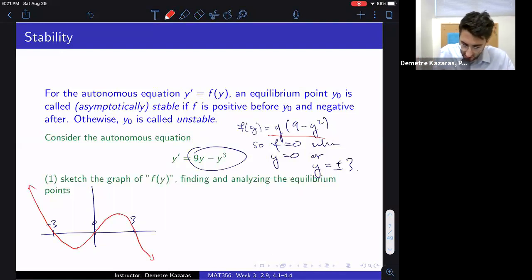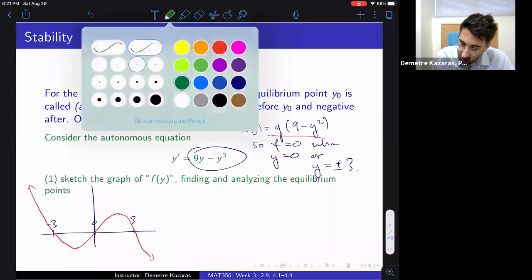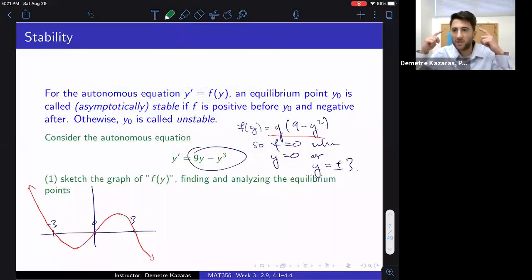Okay, so let's figure out what's going on. Let's draw a little bit more on this picture to remind ourselves what the sign of f means for the solutions, whether the equilibria are stable or unstable. So let's draw a little bit of arrows on the picture to just remind ourselves of what the derivative being positive means.